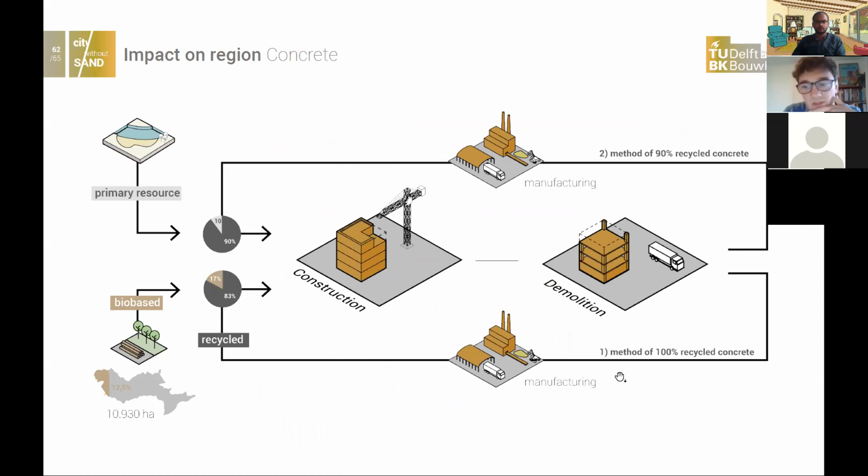So there are two methods of recycling. You can recycle 100% of your concrete, but then you still need 70% of the demand to come from something else. But when you do it for 90%, then you still need 10% primary material, but then you don't need that much.